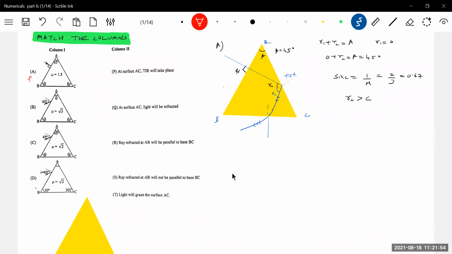Yes, I'll pick up one more. If it grazes BC, then only it will be parallel. I think grazing is not possible here because this is 45 degrees. The angle of incidence should be equal to the critical angle, then only it can graze. Light will graze the surface AC. So we have options P and S.